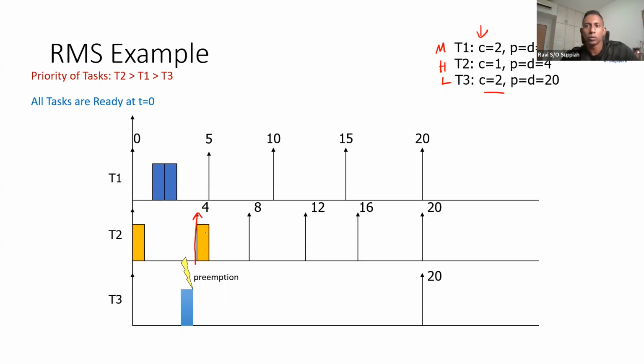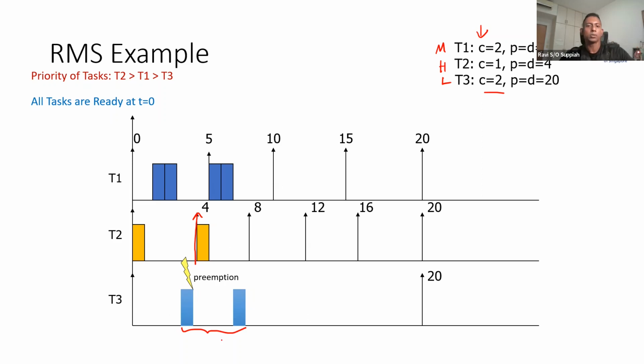Task 2 only requires 1 unit of time, then task 1 runs, and after that we can run the second unit of computation for task 3. So task 3 will complete, but it had to be preempted and come back later.